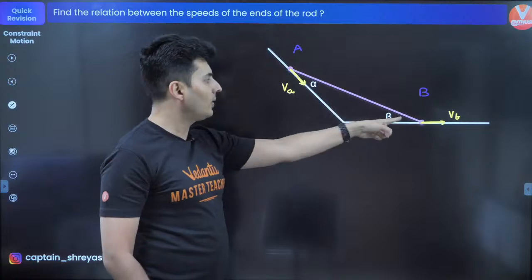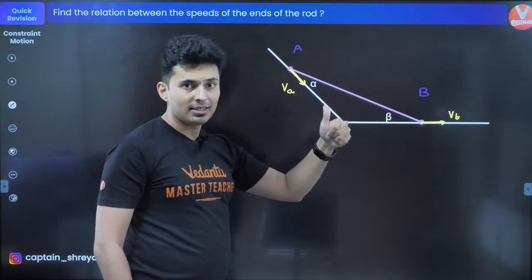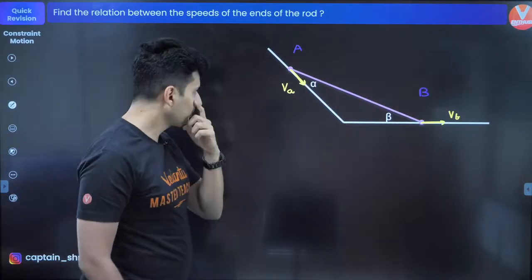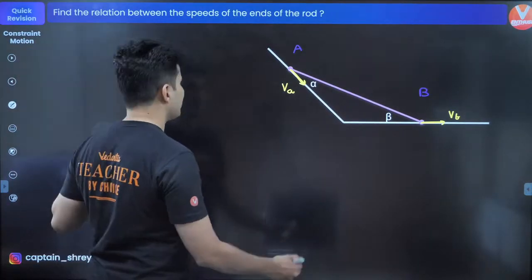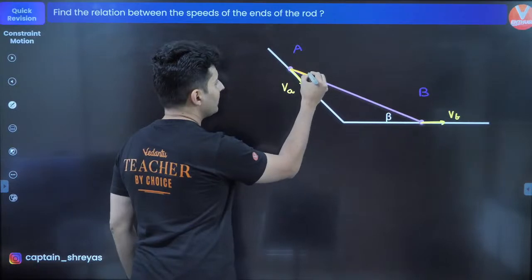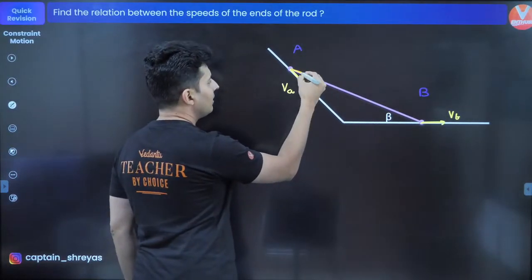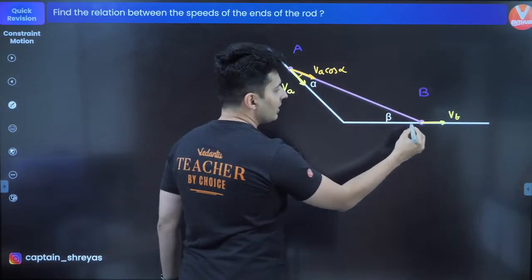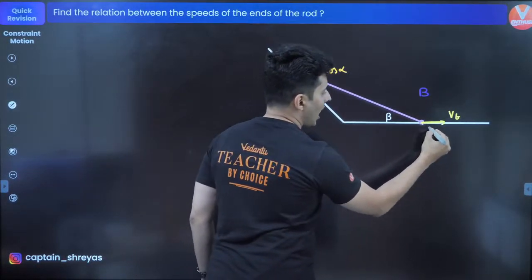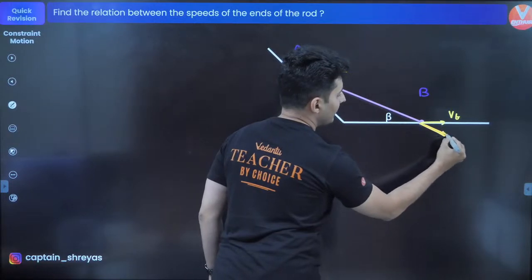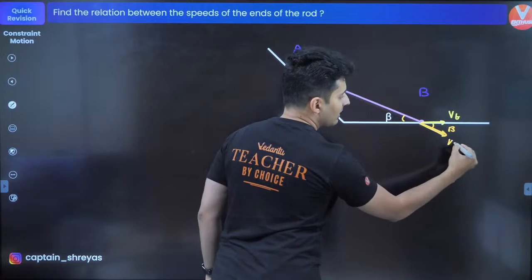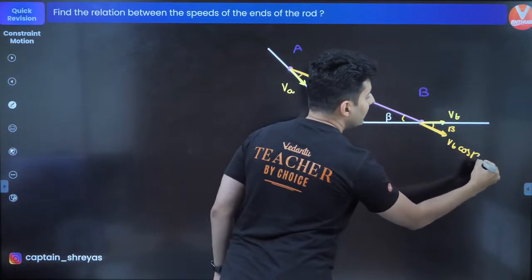So I know the two velocities. I know this rod is rigid. So take the components of these velocities along the rod. If you do that, it's very simple. This component, if this angle is alpha, will be VA cos alpha. This velocity along this line, if this is beta, obviously this is also beta, that will be VB cos beta.